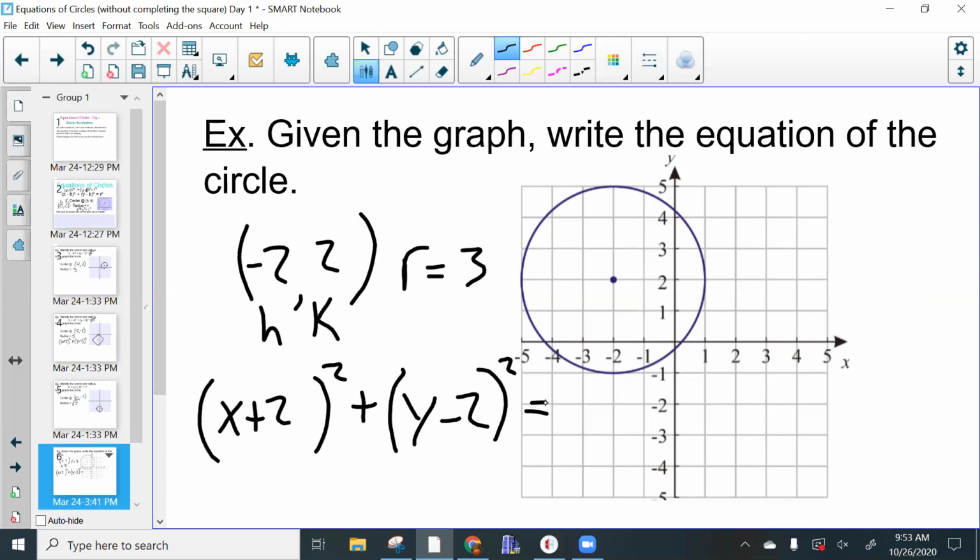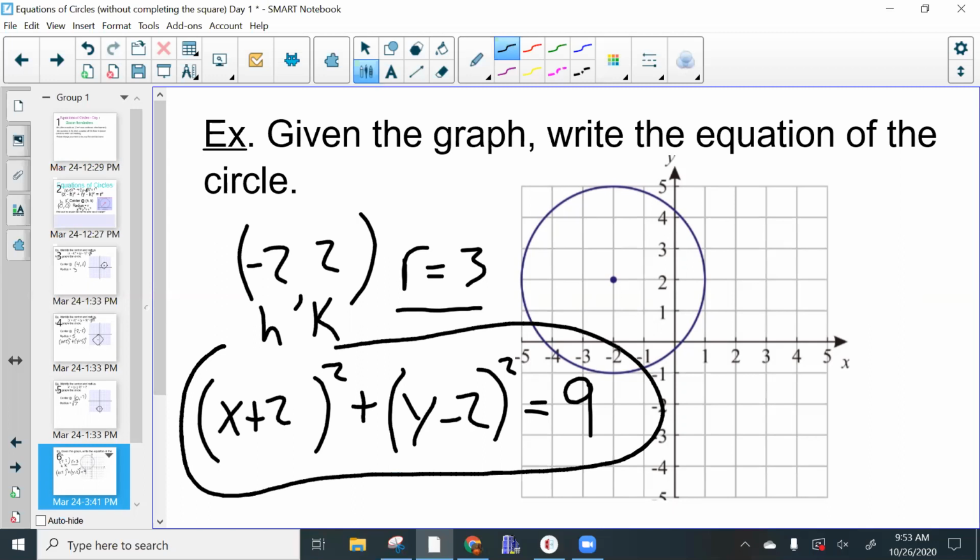Yeah, so it would be 9. So again, because this is r squared, we have to square our value for our radius. So here is going to be our equation for the circle. And again, this is a positive 2 for x plus 2 because of this negative right here. And in the original equation, it's negative, and negative, negative make a positive.